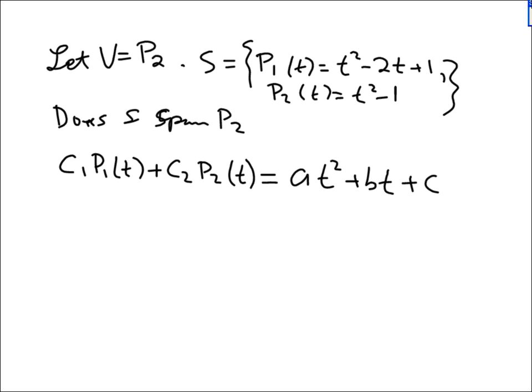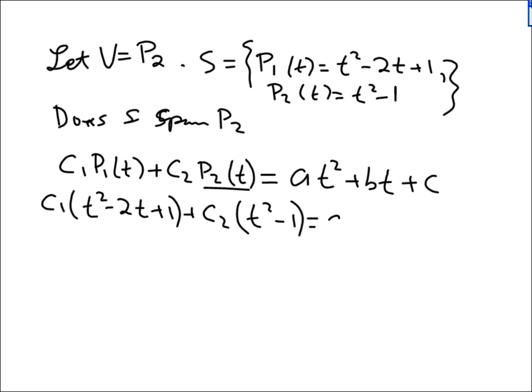Can I find C1 and C2? Well, C1 times P1, which is t squared minus 2t plus 1, plus C2 times P2 of t, which is t squared minus 1. And we want it to equal this.